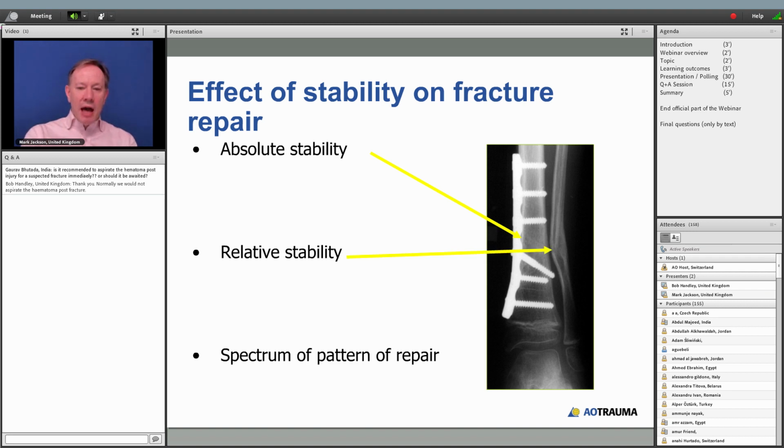Whereas in the associated fibular fracture, there's been no stabilization surgically, and we have relative stability, and this has healed by the formation of external callus. So it provides, even in the one fracture, the one limb, a spectrum of stability, which has given us different patterns of fracture healing.